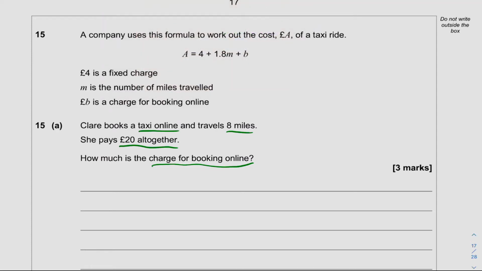So what we can do is say the total price, which is 20, is A in the equation. So 20 is equal to 4 plus 1.8 times the number of miles she's gone, which is 8 miles, so times 8, and then plus b, where we need to solve this equation for b. The first thing we can do is take 4 away from both sides. So we are left with 16 is equal to 1.8 times 8, then plus b.